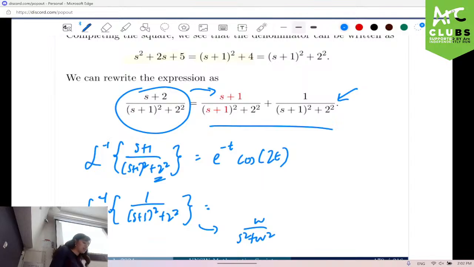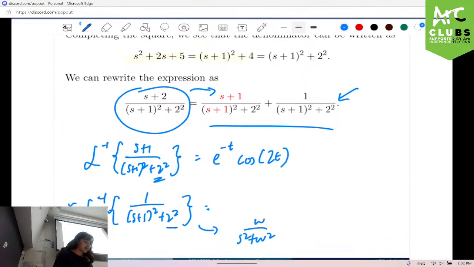Since omega squared is 2 squared, omega is 2, but the top is not looking like a 2. So we can just multiply by 2 over 2, and we can do half. Wow, we're adding random numbers in there to make it look like it's the same, but it's actually the same thing. Big slay.